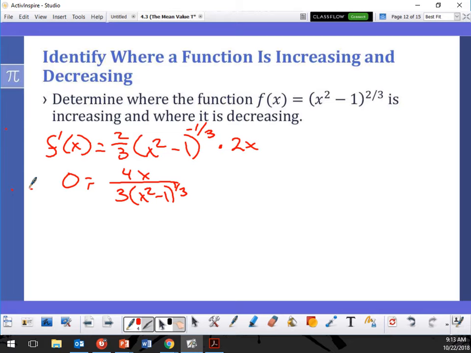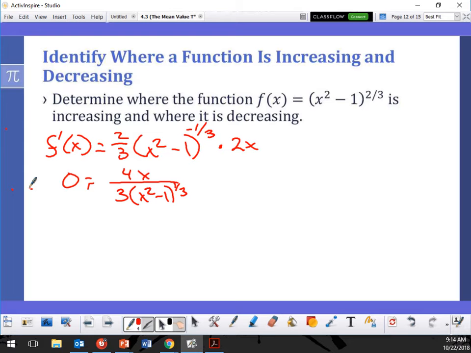This is the only time I really like having fractions, because we could actually try to clear everything out to get rid of the fractions. What would I do to get rid of the fractions here? Multiply both sides by the denominator, right? Anything times 0 is 0, so all that goes away.